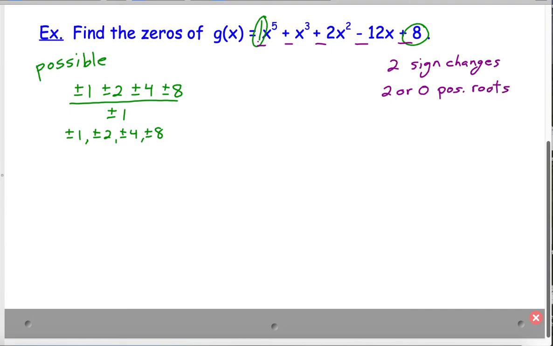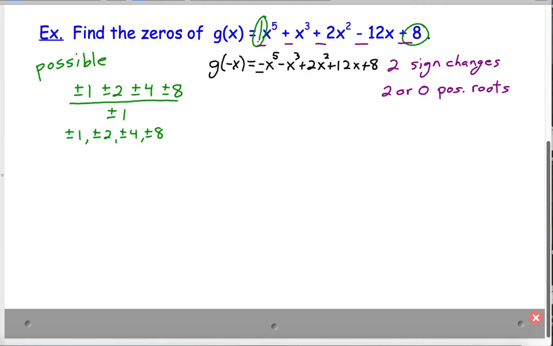Okay, and then what else did we have to do? Well, then we also had to look at g of negative x, and negative x to the 5th power will give us a negative x to the 5th, and we'll have a negative x to the 3rd. Squaring it's going to leave it as positive 2x squared. This will become a positive 12x and a positive 8. So how many sign changes do we have here?